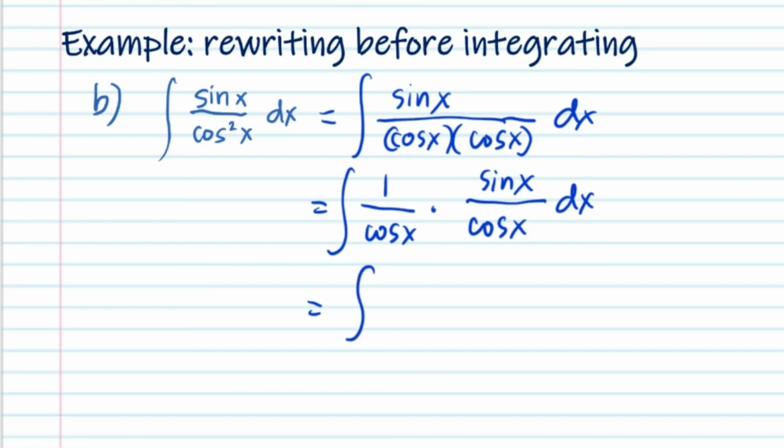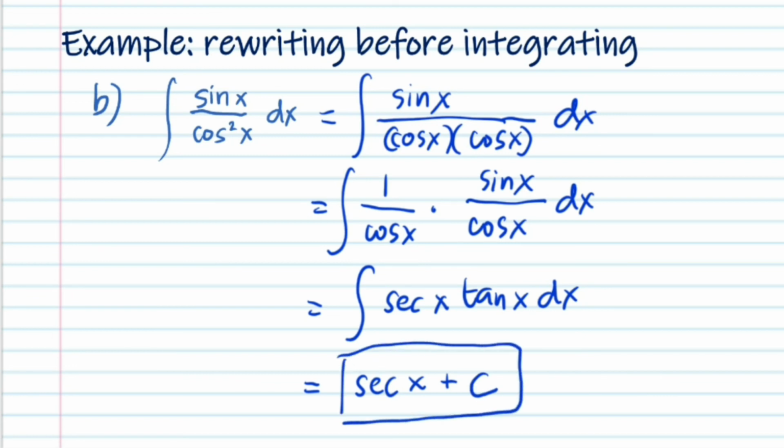So we'll get secant x tangent x dx. So that will give us sec x plus c as our antiderivative. And that's the end of the presentation.